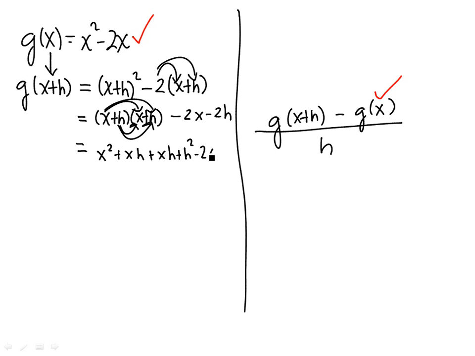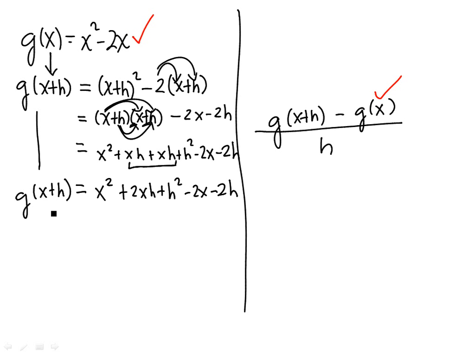And let's rewrite negative 2x minus 2h. We have x squared, and xh plus xh is 2xh. And notice that nothing cancels out from just this g of x plus h.